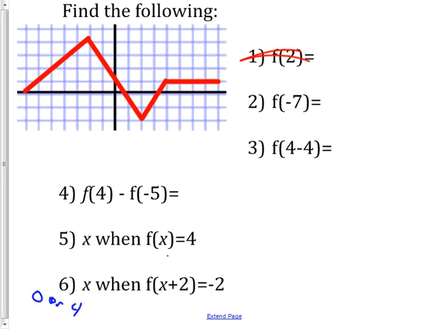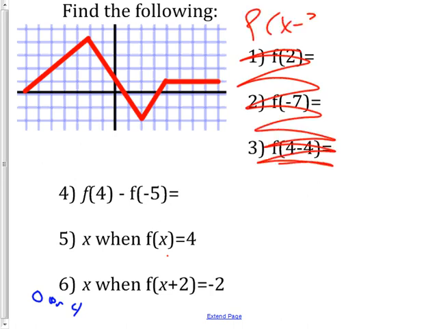Alright, so here is my new one for you. Let's say that I said that f of x minus 3 is equal to negative 2.